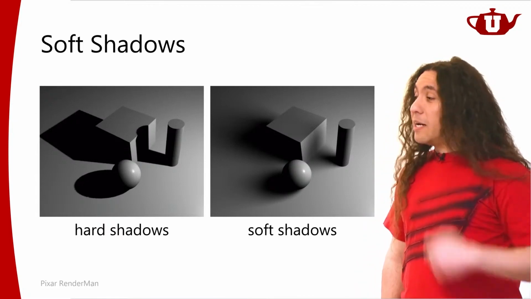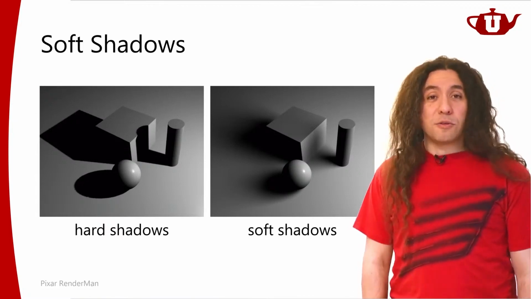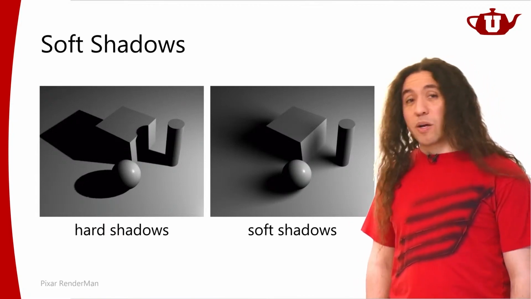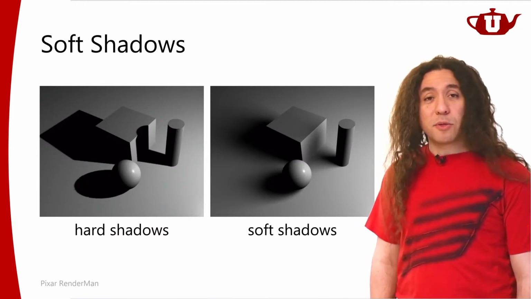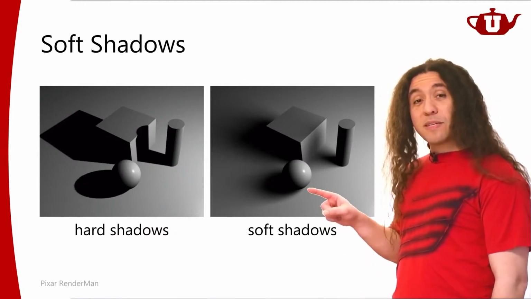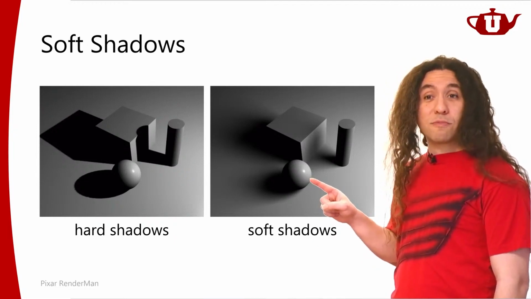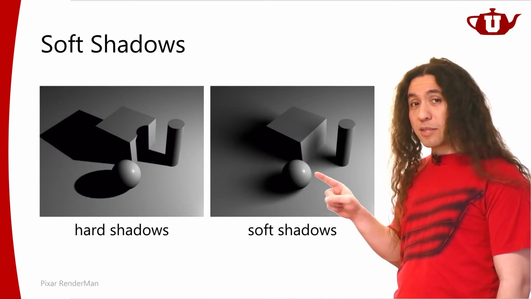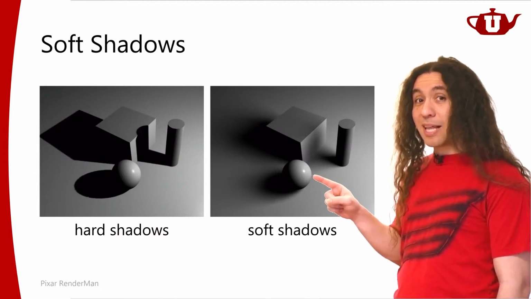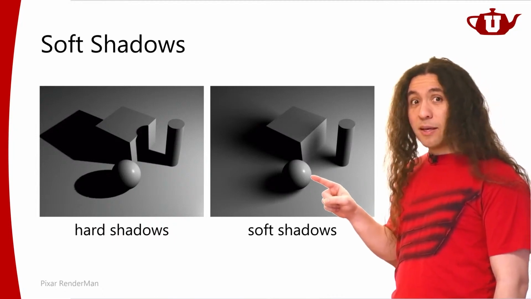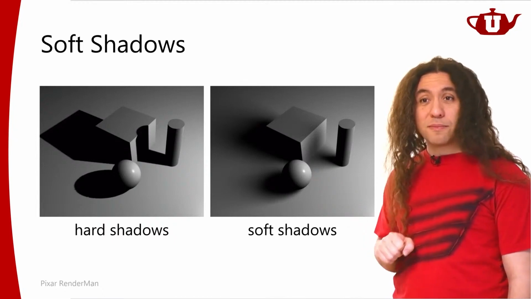So soft shadows are related to area lights, and we're going to talk about why they're related and how they're computed and all that. The size of the specular also depends on the size of the light source, right? Remember when we talked about the specular, I told you this is the reflection of the light source. So if the light source is big, the specular is supposed to be big as well.